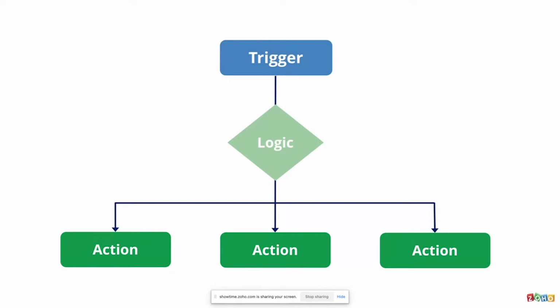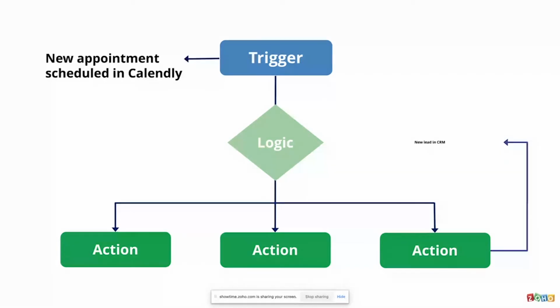And to control this or have a data driven decision, you can set up the logic element such as the decision box, where you can check for a particular field value, and based on that you can branch the decision into multiple actions. Let's take an example. When a new appointment is scheduled in Calendly, we are trying to create a new lead in CRM.